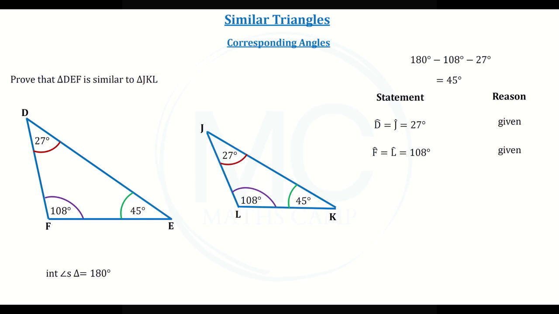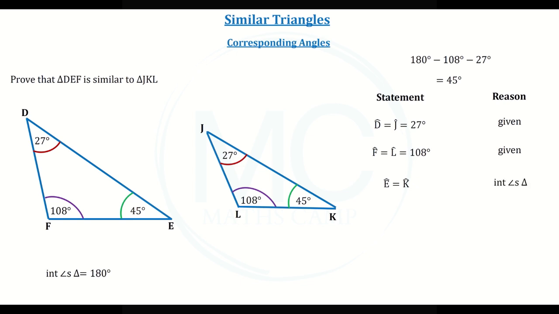So let's make the statement that angle E is equal to angle K. The reason why these angles are both 45 degrees is because the interior angles of a triangle always add up to 180 degrees. So as our reason, we say the interior angles of a triangle.